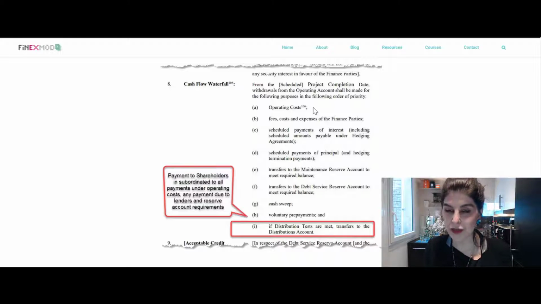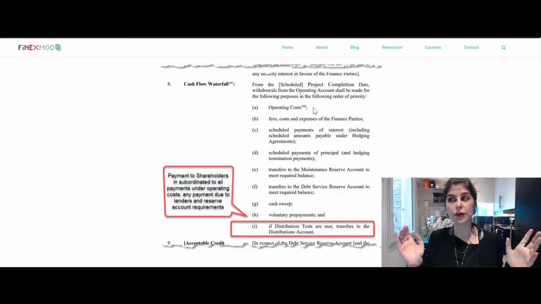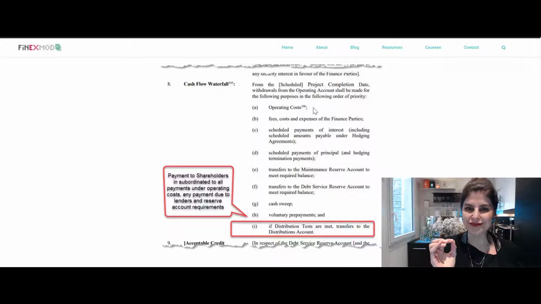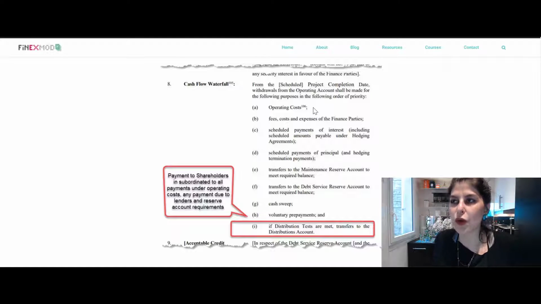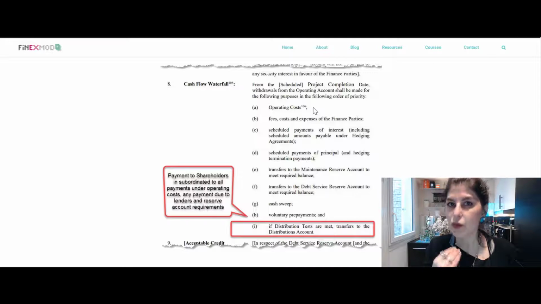And the answer is yes, because as you know, a project finance deal is very interesting. I really find it very interesting because lenders, or any investor who wants to invest in a project finance deal, have this kind of confidence in the project.